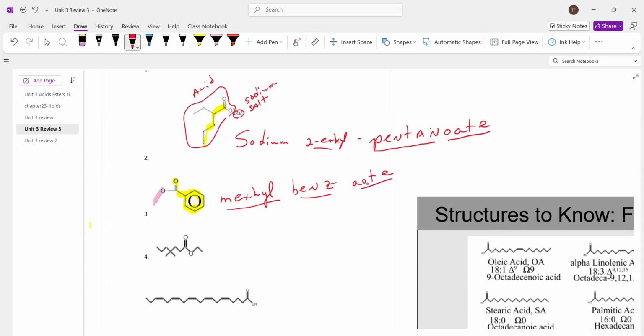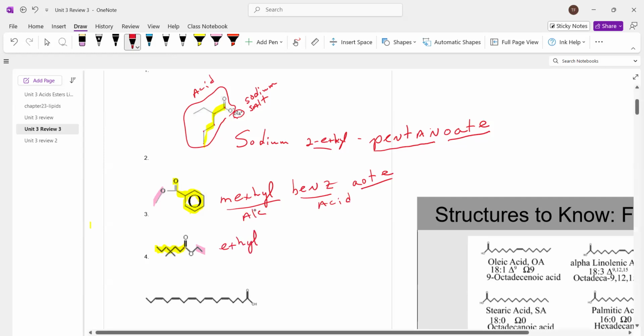Okay, we got another ester down here with some branching. Here is the alcohol part. So we name the alcohol part first. So that's going to be ethyl.